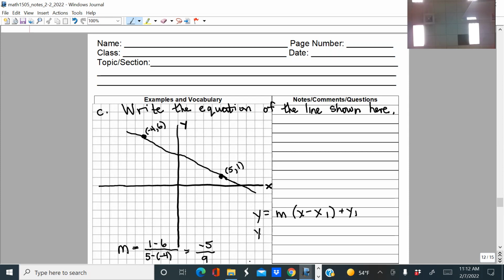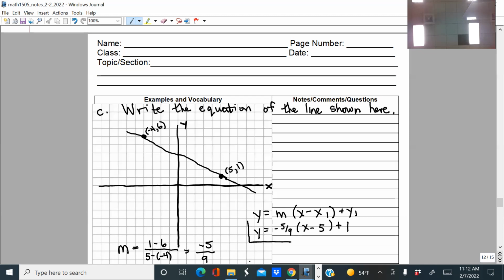So we already calculated the slope as minus 5/9. Now we can use either one of these 2 points. Let me use the second point. So we have y equals -5/9 times x minus 5 plus that y coordinate of 1.